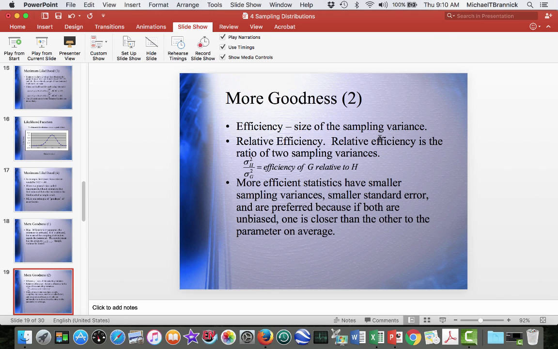So here we have efficiency. Efficiency has to do with the size of the sampling variance. Sampling variance has to do with how close the estimates in the distribution are to the mean. We're looking at the sampling distribution, and what you're looking for is a relatively efficient estimator.